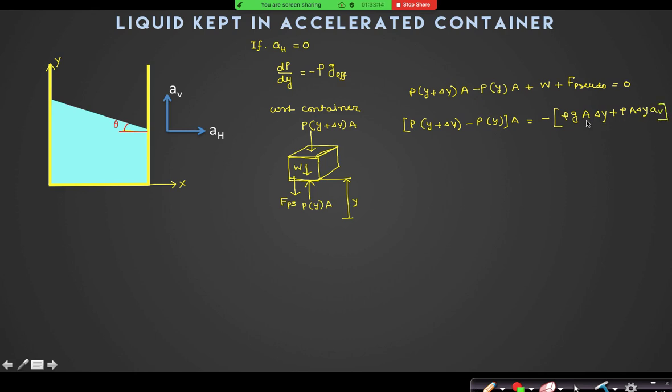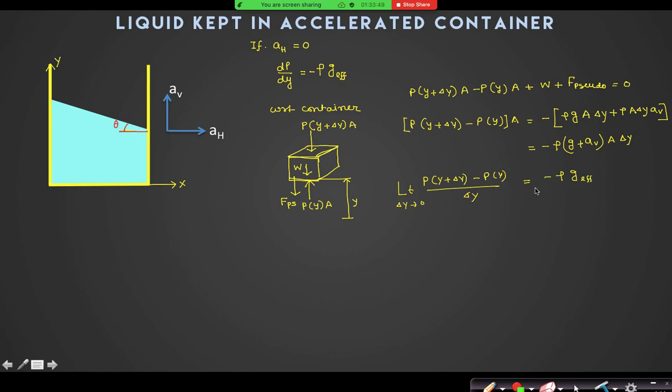If you simplify it, you will find it is rho (g plus aV) into A delta y. A gets cancelled out, and as we have taken the limit delta y tends to 0, I can take P of y plus delta y minus P of y divided by delta y as equal to minus rho into g effective.